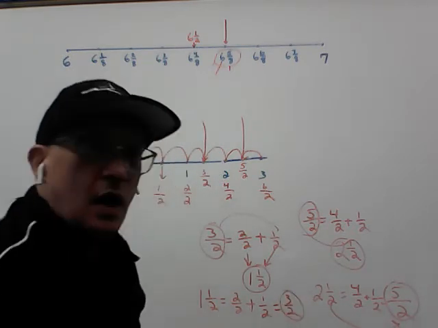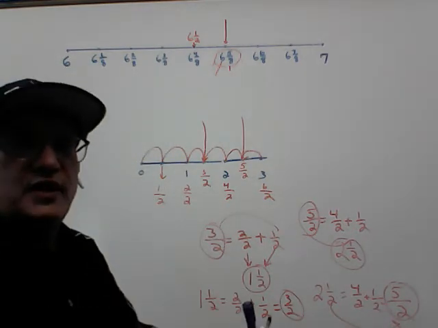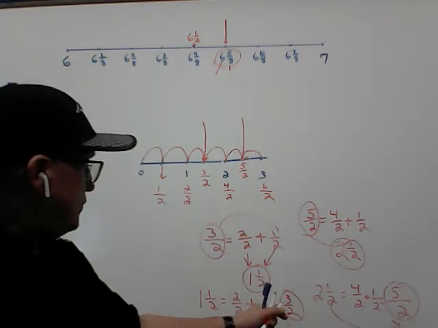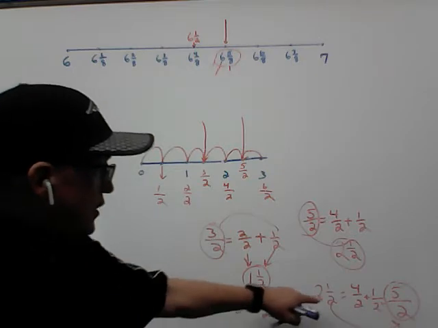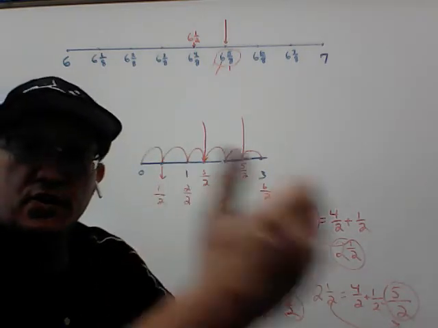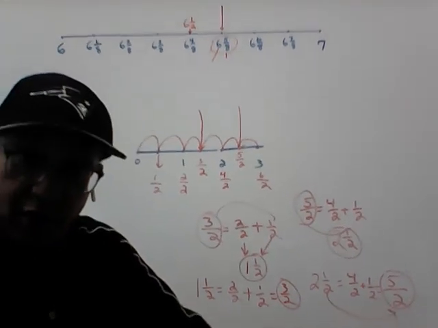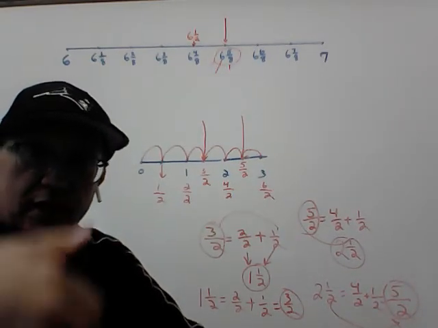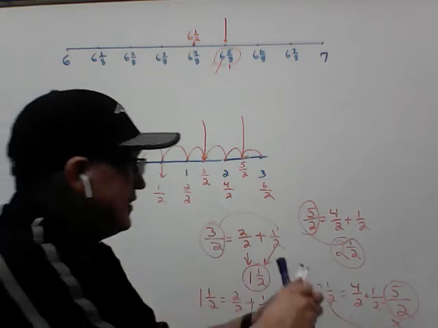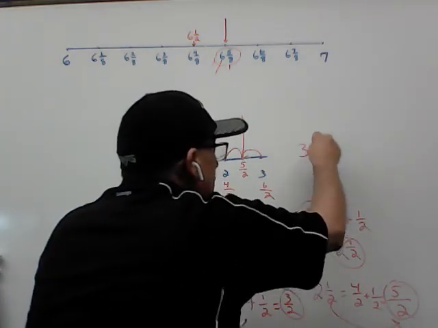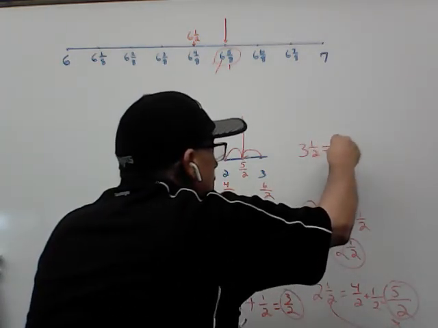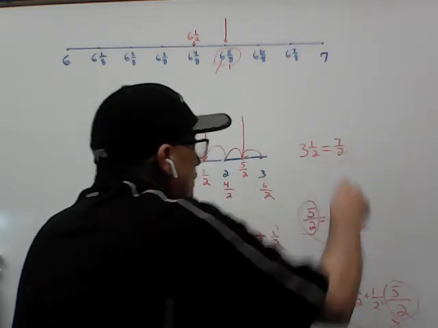Okay. These are two very simple examples, 1 1/2 being 3 halves, and 2 1/2 being 5 halves. 3 1/2, and there's certainly a pattern there. 3 1/2 is 7 halves. 4 1/2 is 9 halves. Can you appreciate that without the number line?